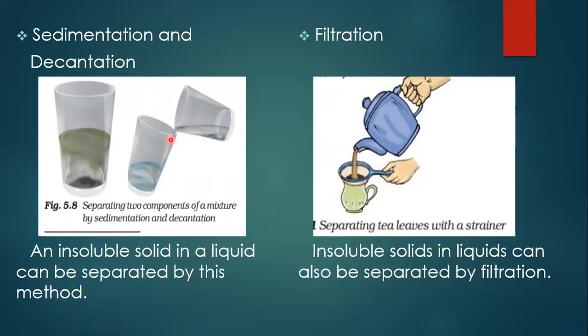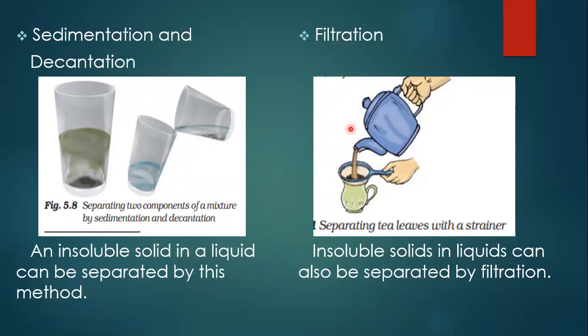Decanting means pouring into another vessel, so that the sediments remain in the first vessel and the water is taken into the second vessel. This is separating two components of a mixture by sedimentation and decantation, and this method is used to separate an insoluble solid from a liquid.